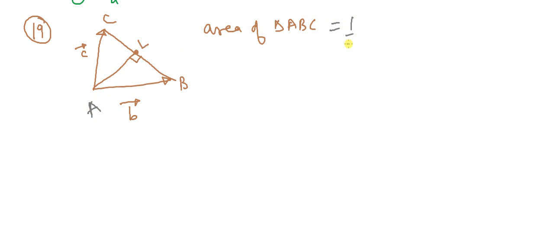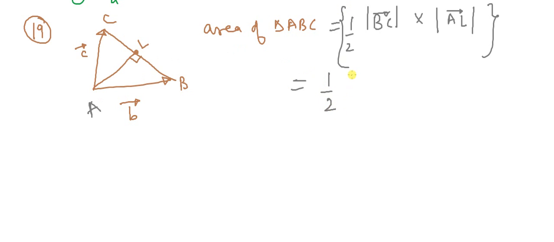It will be equal to half of BC vector modulus cross AL vector. This is just simple multiplication. Half of base into height, base is BC and height is AL, or if you want to consider it in vector form, it will be equal to half of the modulus of B vector cross C vector. Any two vectors continuously multiplied, taking their mod and divided by 2 will give you the area.